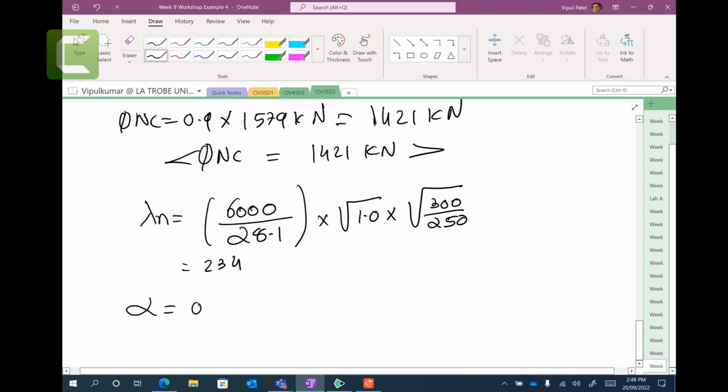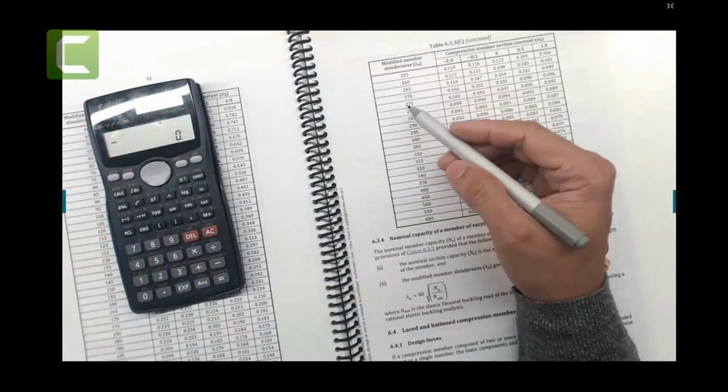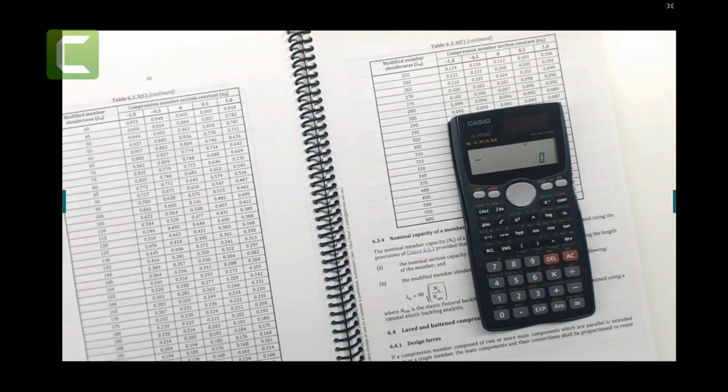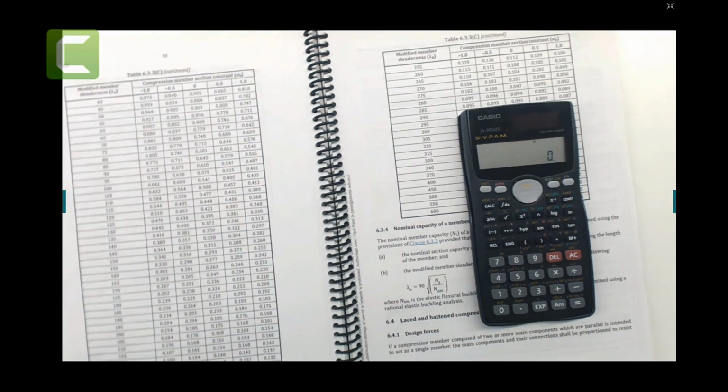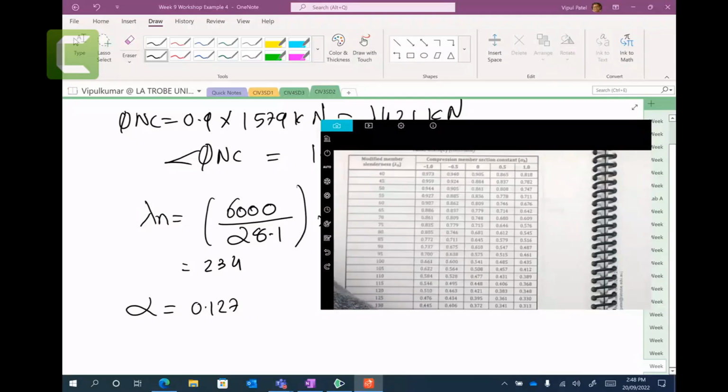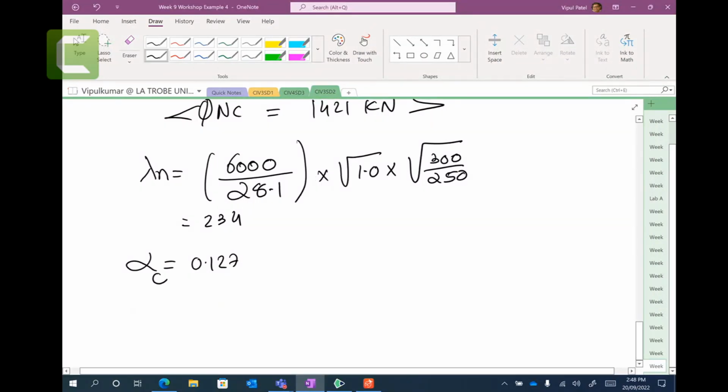Your alpha value got 0.127 here. Alpha b 0.127. We need to make an interpolation here. So here 234, and we make an interpolation, 0.127. So that is alpha c.